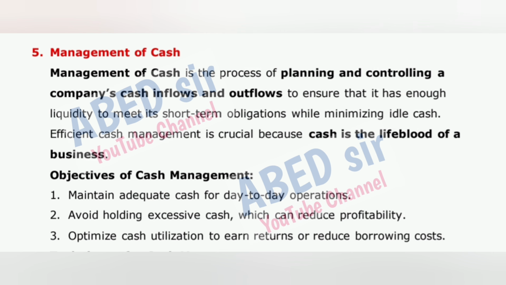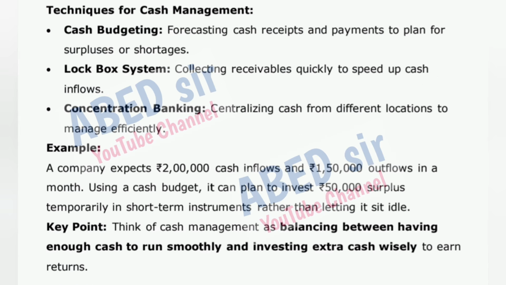Efficient cash management is crucial because cash is the lifeblood of a business. Objectives of cash management. 1. Maintain adequate cash for day-to-day operations. 2. Avoid holding excessive cash, which can reduce profitability. 3. Optimize cash utilization to earn returns or reduce borrowing costs.